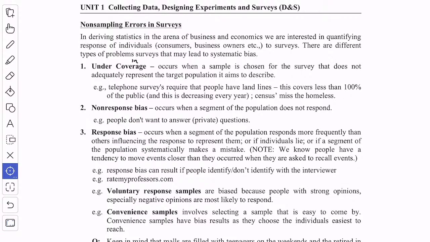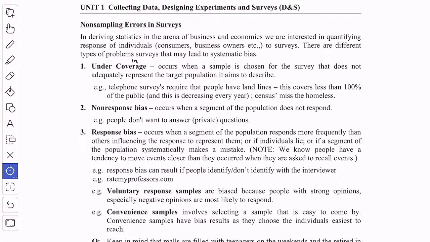So there was the example where telephone surveys were used for an election, and because people with telephones in the 1930s were only the wealthy, more likely conservative respondents, the results of the survey did not reflect the opinion of people who did not own telephones, people who were like the poor in the communities.